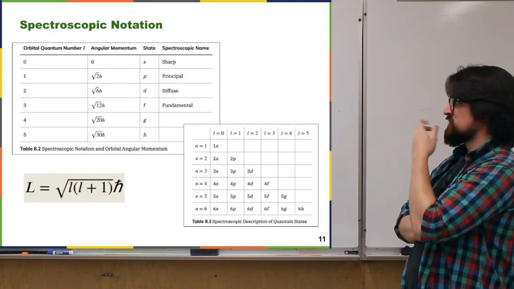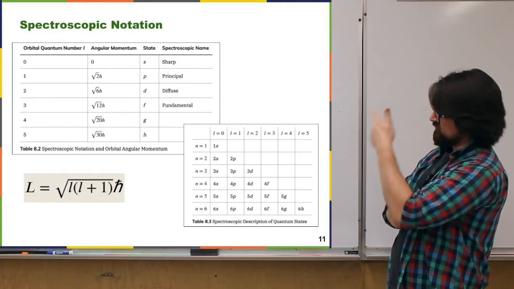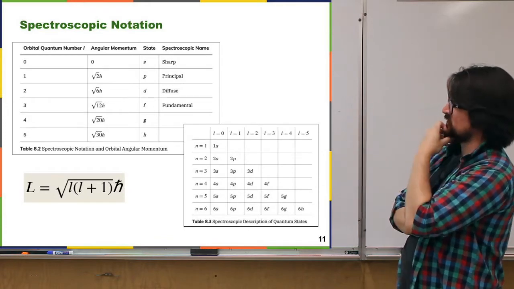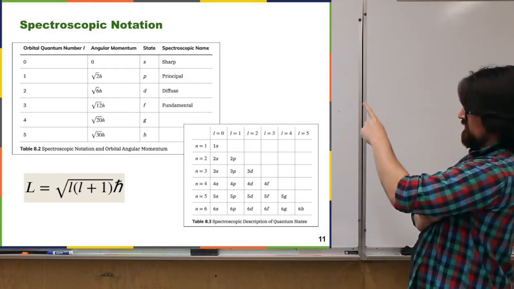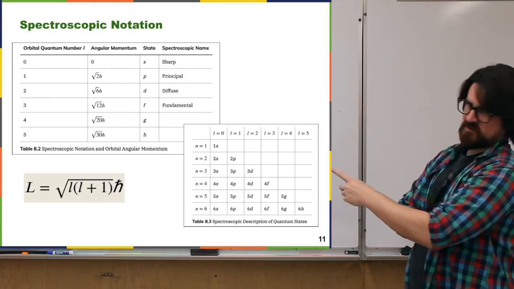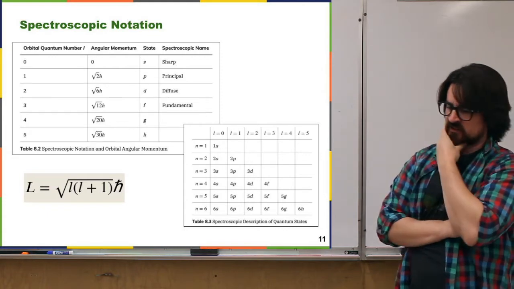That was what's known as the principal spectral line, and so it gets the letter P, and so forth. You get diffuse, D, fundamental, F, and after F, they just start going in alphabetical order. So S, P, D, F, G, H, I, J, K.